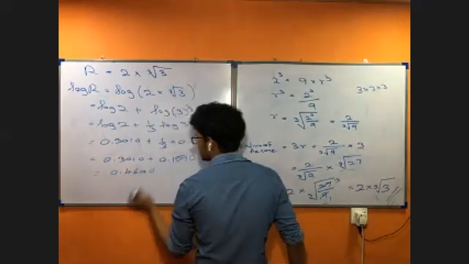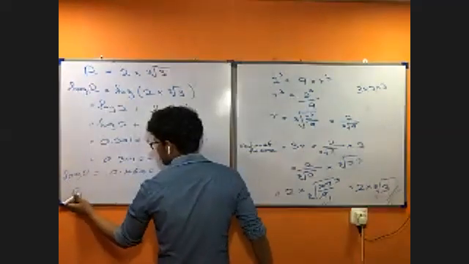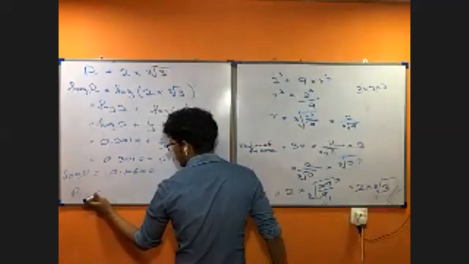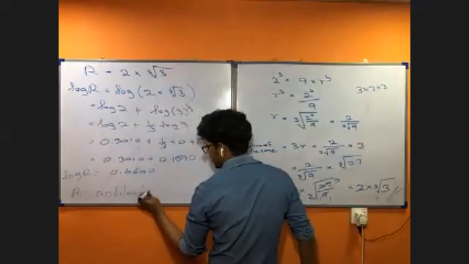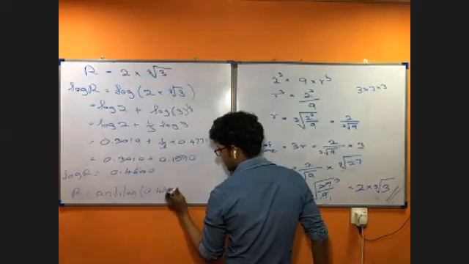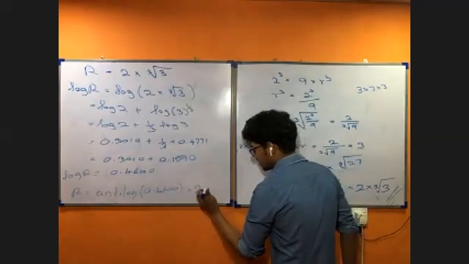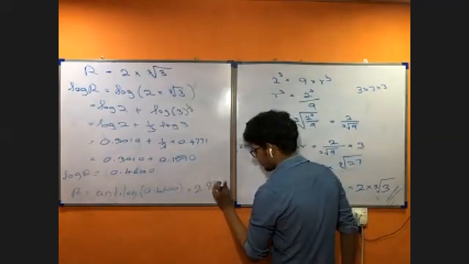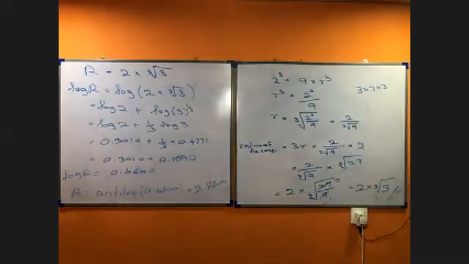So this is log R. So log R is this much. So R is going to be the antilog of 0.4600, which is going to be 2.88 centimeters. Write it down. Any questions?